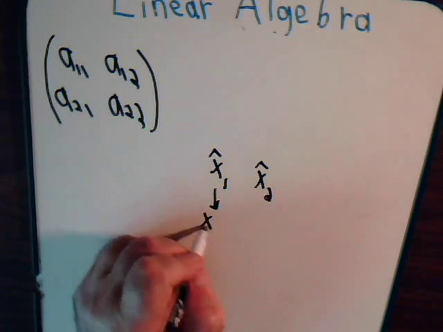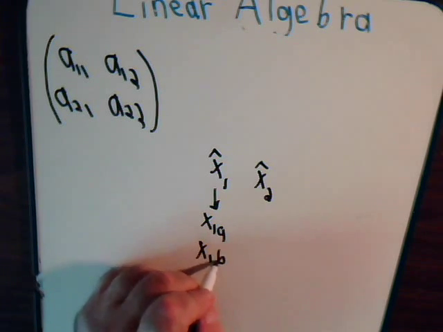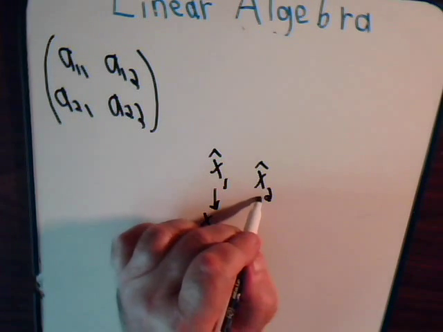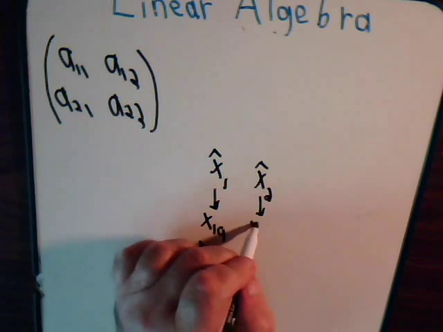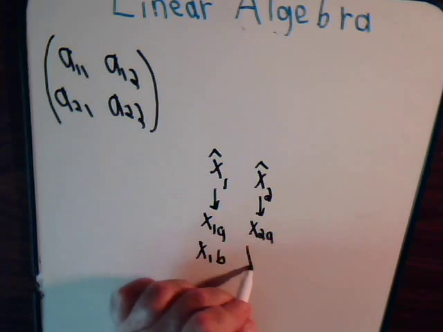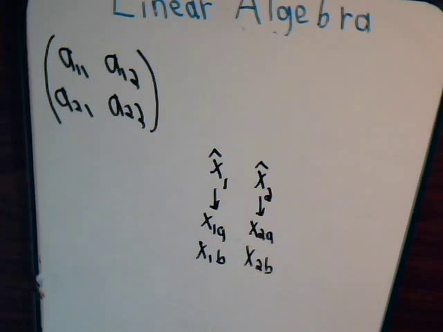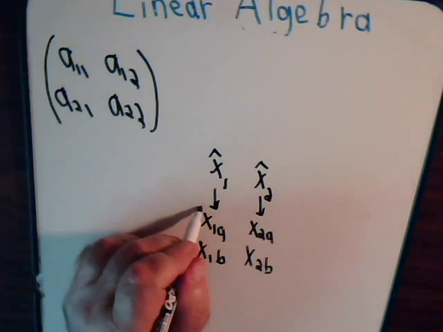So this can be x1a and x1b, and this would have components x2a and x2b. Well, with the components from these eigenvectors that correspond to this matrix, we can make another matrix with these.